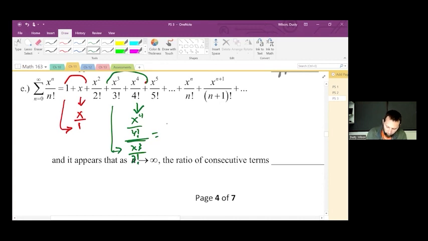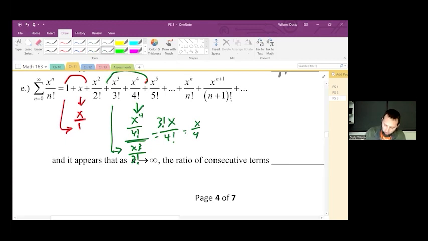The x's are going to cancel, so you're going to end up with x times 3 factorial divided by 4 factorial. And if you remember your factorial rules, this would be equal to x over 4.